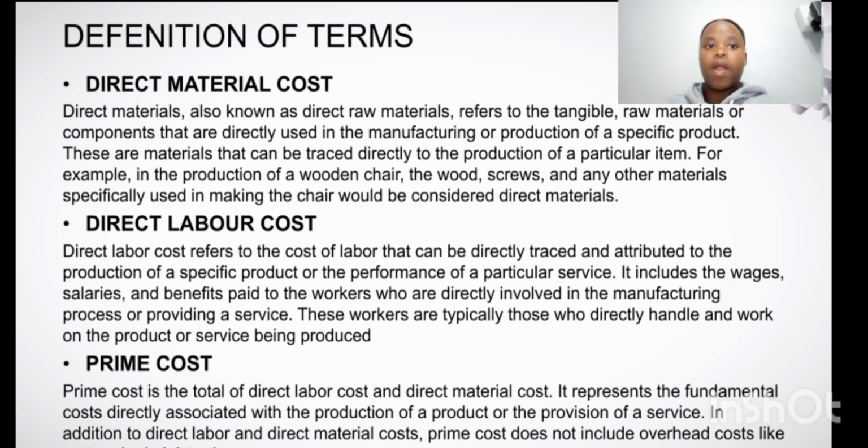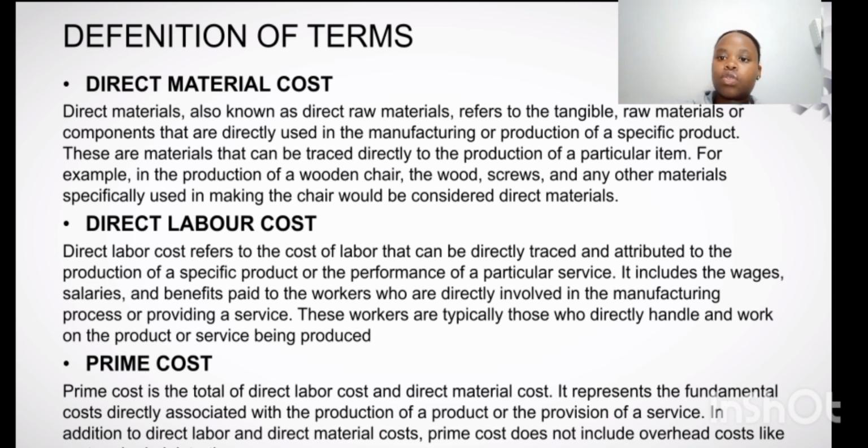Moving on to the prime cost. The prime cost is the total of direct labor and direct material cost. It represents the fundamental cost directly associated with the production of a product.